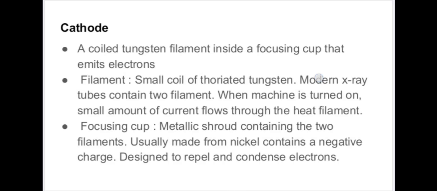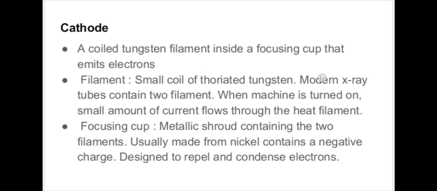It creates a tighter electric field around the electrons, reducing their spread and giving a smaller focal spot width. Thus the focusing cup width determines the focal spot width and the filament length determines the focal spot length.